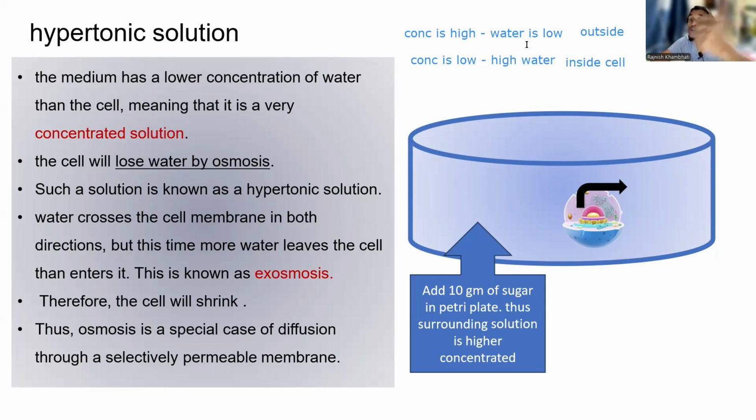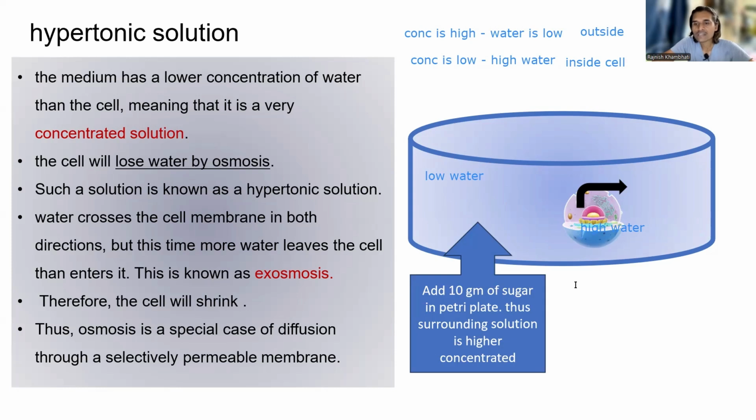That means water is low outside. Outside water is low, so let me write here low water. And inside the cell, water is high. Why is water high? Because concentration is low.